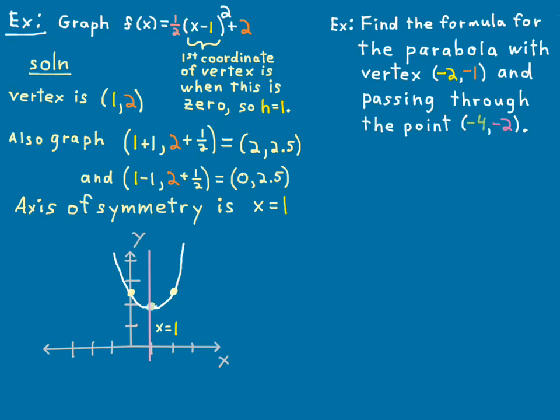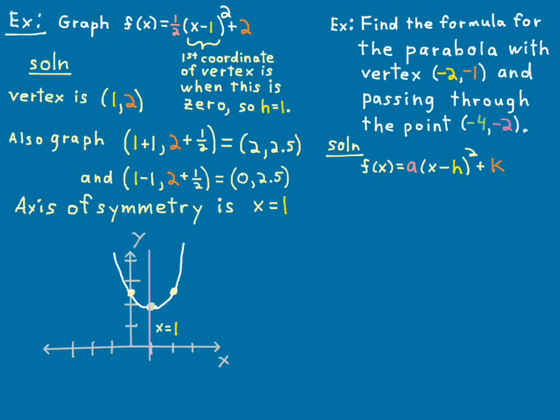So the -2 is h and -1 is k. And so I write in the information I have. I don't know what a is. Right, so this is just the general standard form. I don't know what a is, so I'm going to leave the a there. I know that h is -2, so I'm going to put in the h, and that gives me x plus 2.